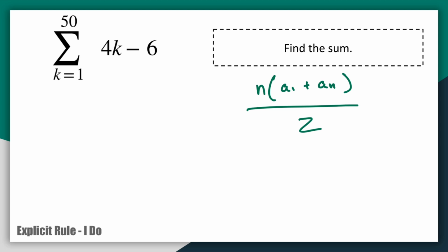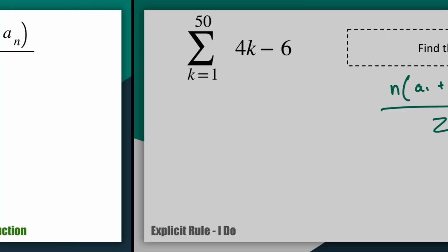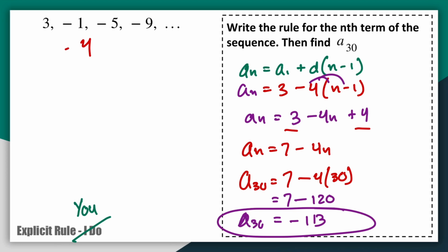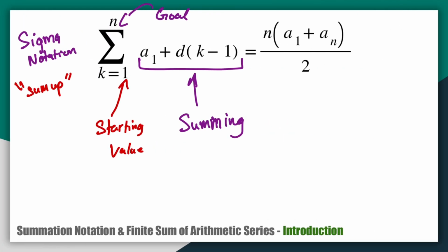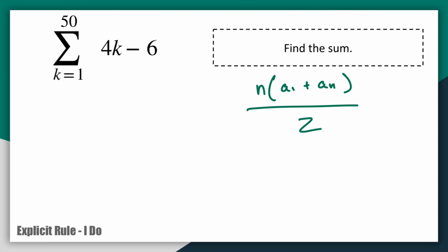Well, here, this is a simplified explicit rule. And when you look at the simplified explicit rules, which are down here, that would be right here, you can't see what the first term is right away. So we need to plug in our starting value, which was just 1, into the explicit rule to get what a of 1 is.